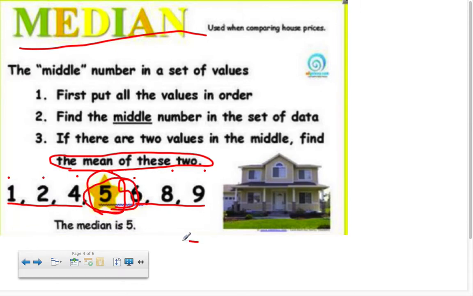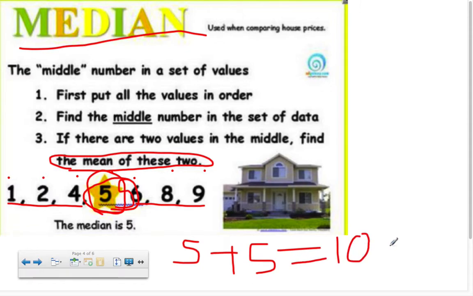What you'd have to do is 5 plus 5. You'd add both of the middle numbers, and that would equal 10. And then you'd divide that by 2. In this case, you'd get 5 again anyway. But just look in the middle. Look in the middle for median.